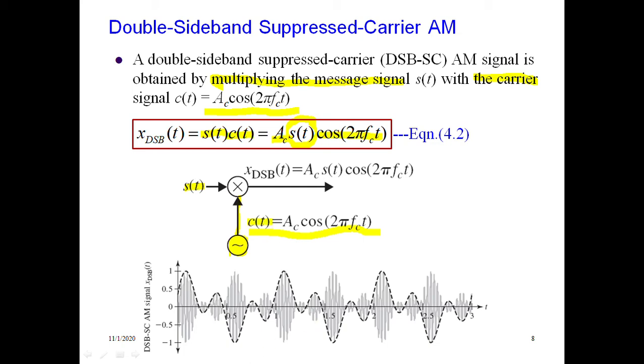The signal is in the form of any signal, but the carrier is a sinusoidal cosine with 2 pi fc t. So the information is located at the envelope of the carrier, from the multiplication with this message. Now this one is called the modulated signal.